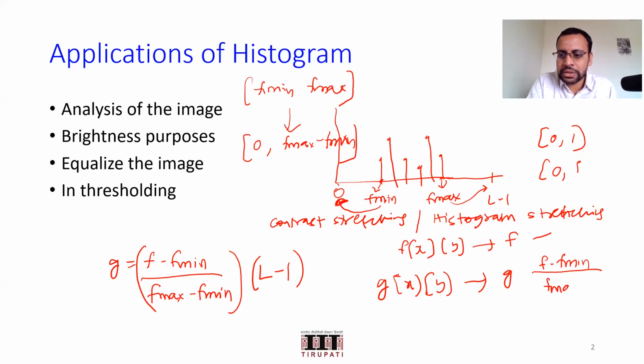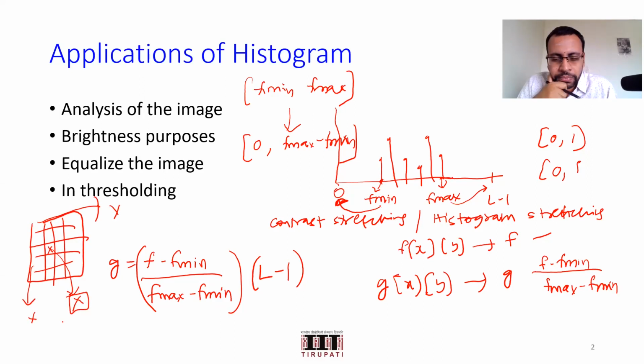Sir, excuse me, sir. In the formula you have written, g equal to f minus f min, f min I know from the histogram plot, f max also I know, L minus 1 also I know. What is f, sir? f means the intensity value of each pixel. Correct.